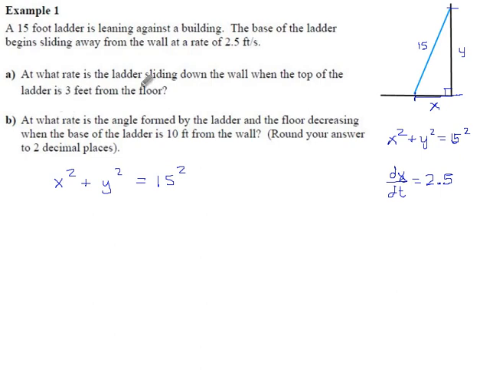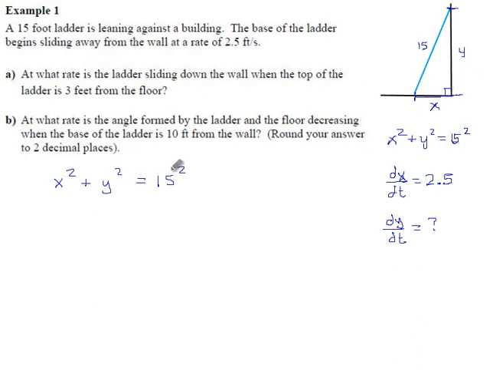And what they're asking for is at what rate the ladder is sliding down the wall, meaning how fast is y changing. So they're giving us dx/dt, and they're asking us to find dy/dt, the rate of change of the height.